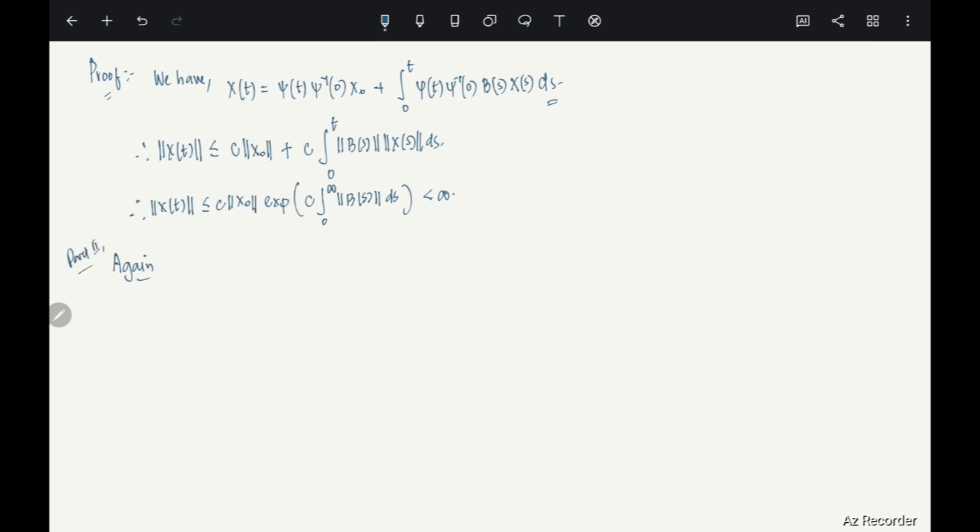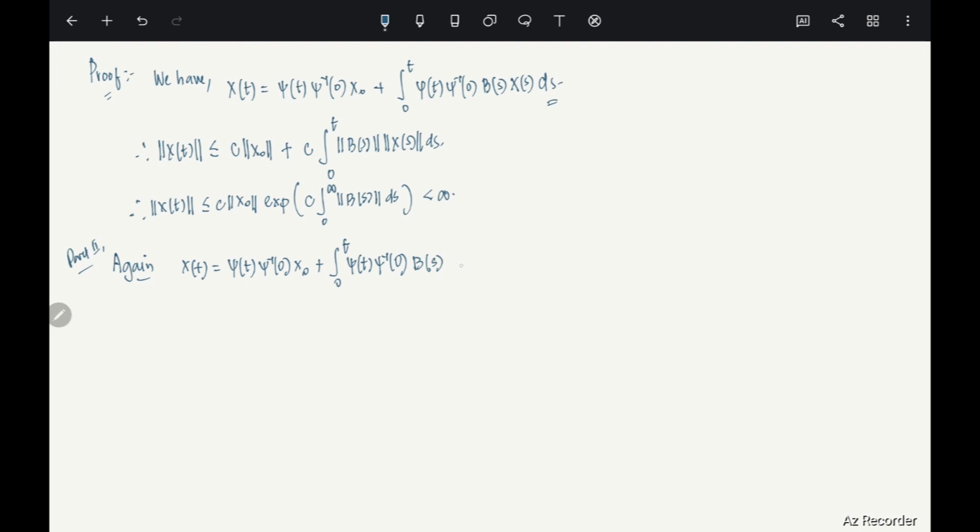Again, x of t is phi of t, phi inverse of 0, x0 plus the integral from 0 to t of phi of t, phi inverse of s, b of s.